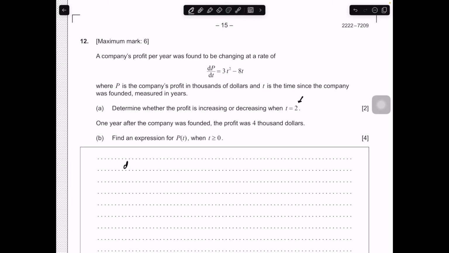So we have this formula right here, dp over dt, given by 3t squared minus 8t, and this gives us the slope of the line at any given point. Not knowing this function itself or what it might look like, maybe there are good times and bad times.